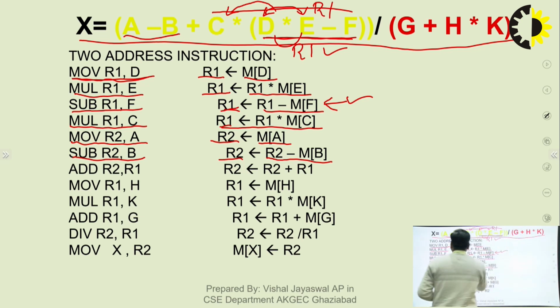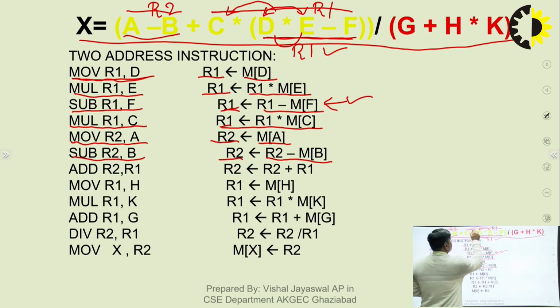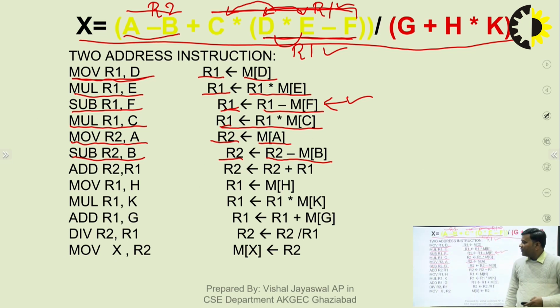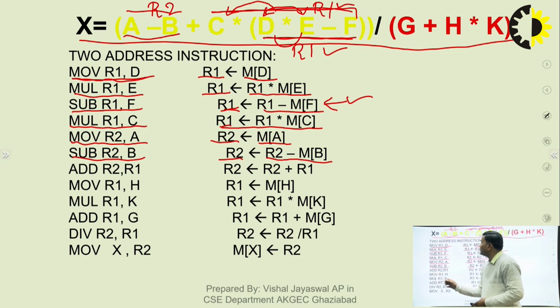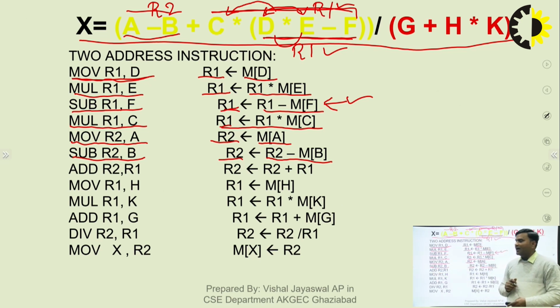So this A minus B is in R2 and this portion is in R1 register. So we have to add the content of R2 and R1, then we solve the whole numerator part. For this, we are going to use add instruction because we have to add the content of R2 and R1.